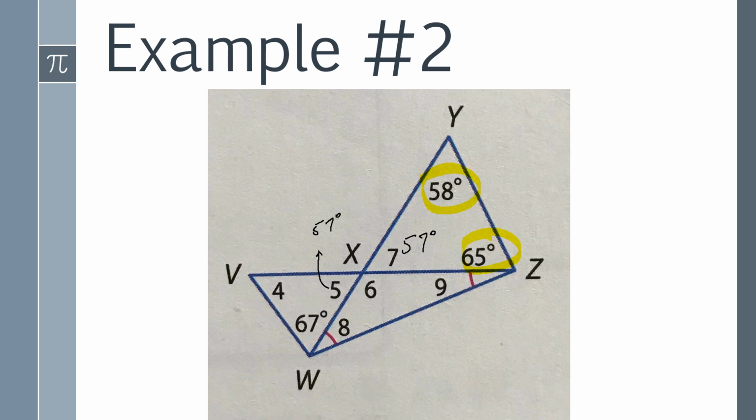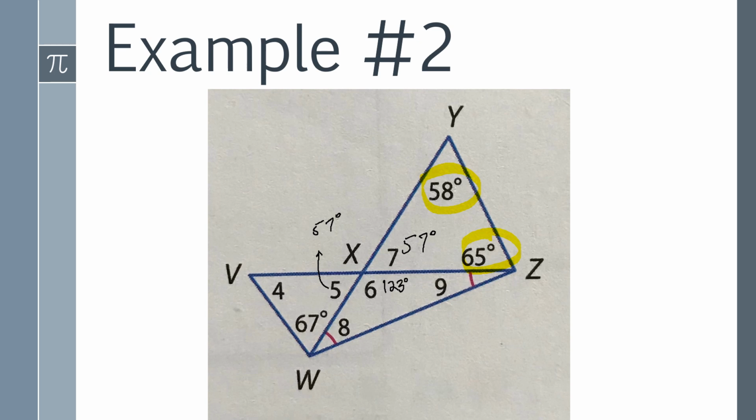I can also figure out angle 6, right? Because angle 6 plus angle 7 are a linear pair, or I can use exterior angle theorem. Either way, that comes out to 123. So this one is 123 right here.